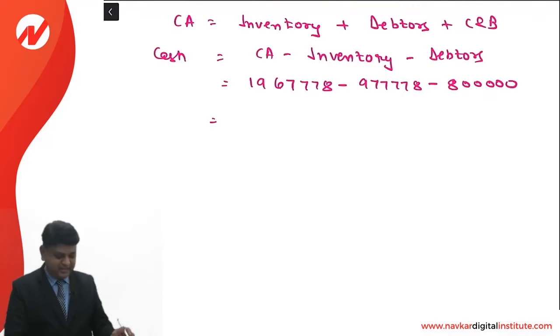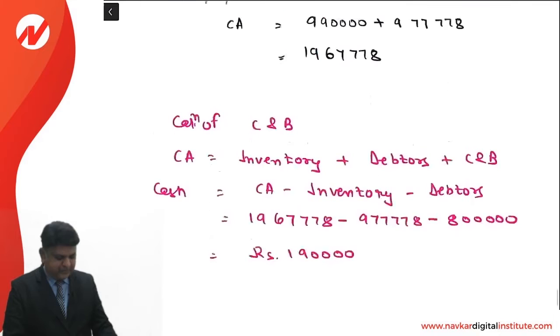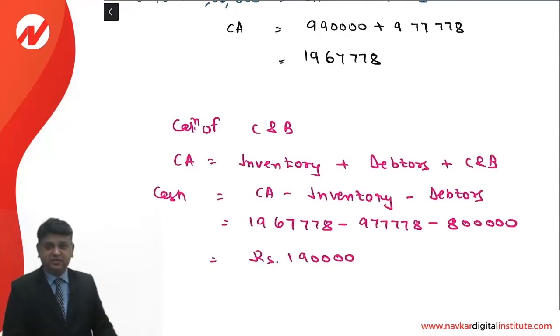So it is 1,90,000. This is the way the cash and bank balance is calculated.